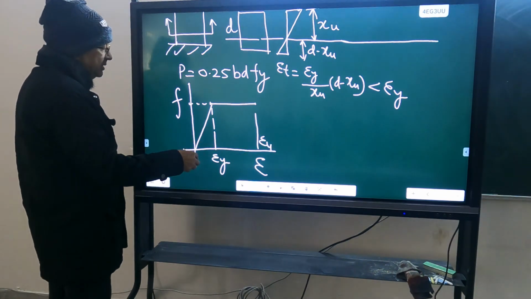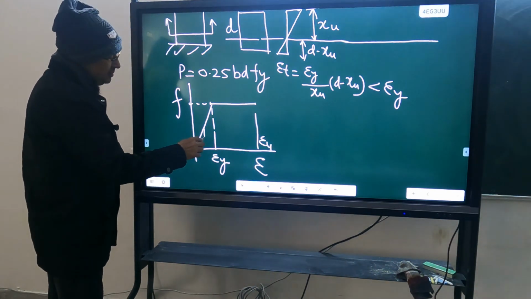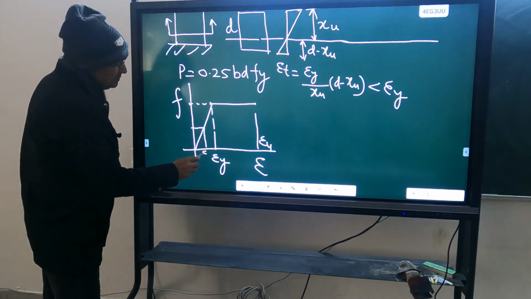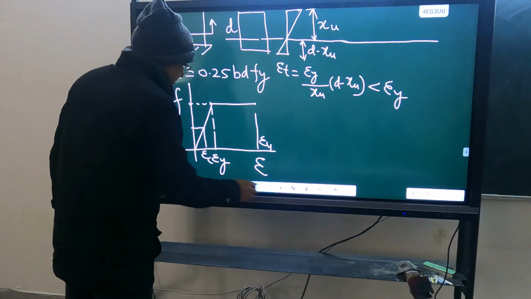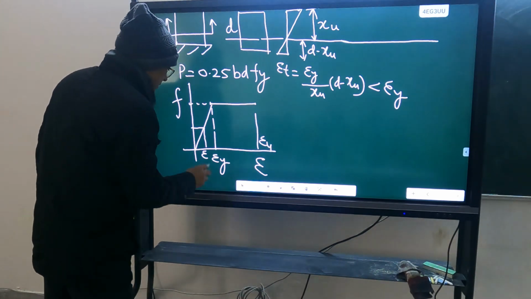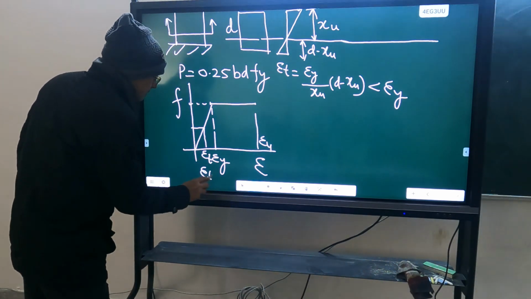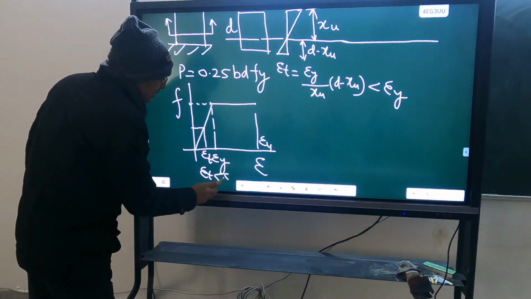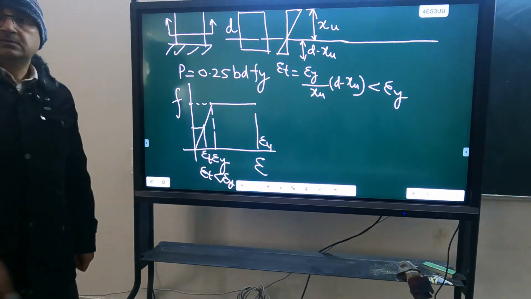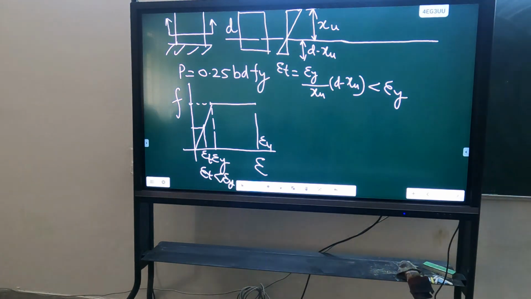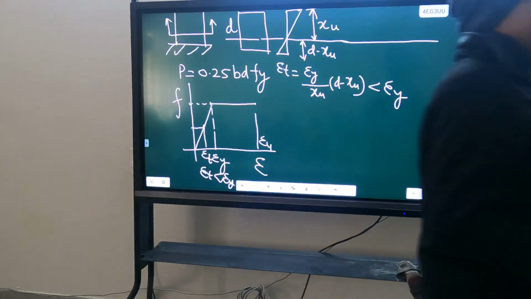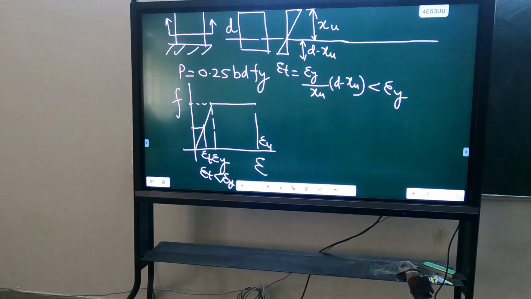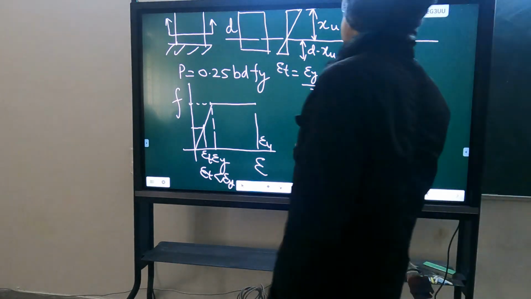Your epsilon t, we have seen, is less than epsilon y, so that will be somewhere here. So for both sides, it is still in the linear range only. So the stress diagram will be linear only.